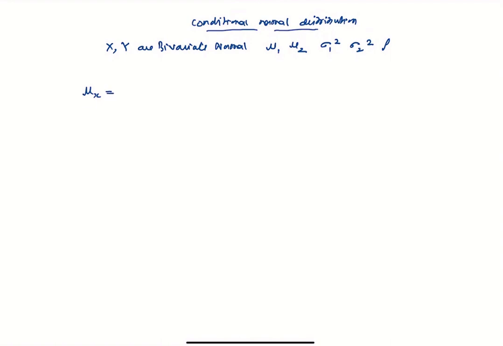The expected value of y given x is equal to x is equal to mu2 plus rho sigma 2 upon sigma 1 times x minus mu1.